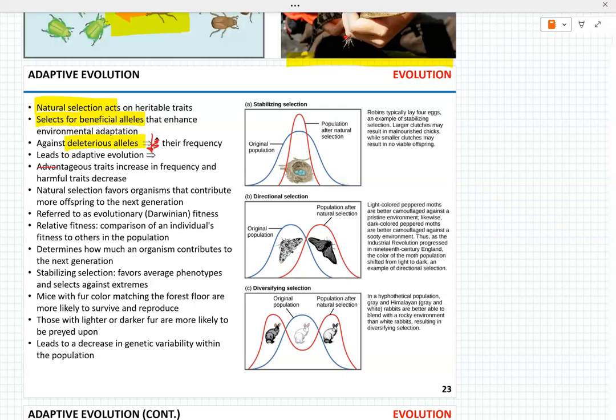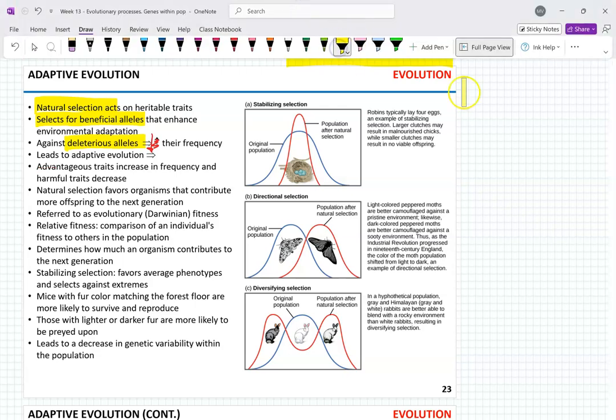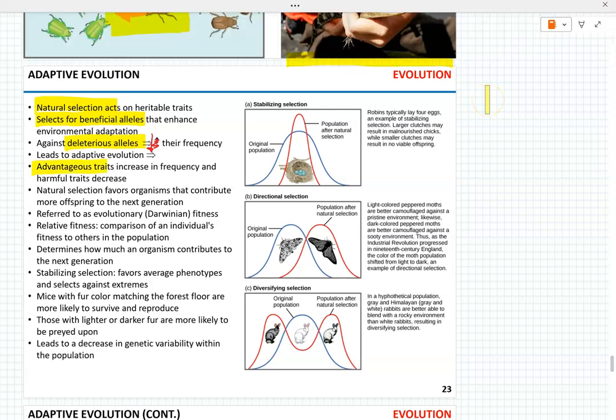Advantageous traits in a population will increase in frequency, and harmful traits will decrease. This ability to pass genes to the next generation is referred to as evolutionary or Darwinian fitness.